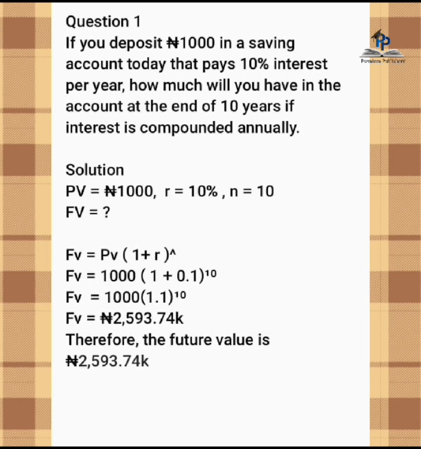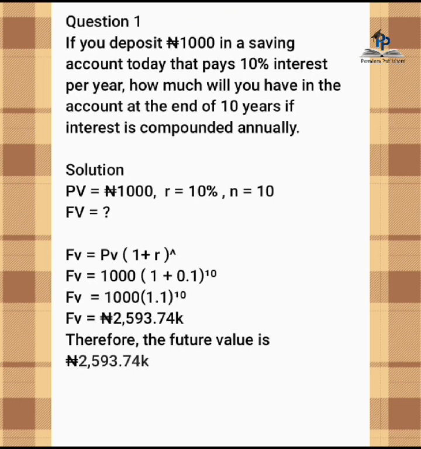When you are compounding annually, it simply means you are compounding per year, and it simply means that interest on that present value is paid once in a year. And when the interest is compounded once in a year, that is when we apply that formula.